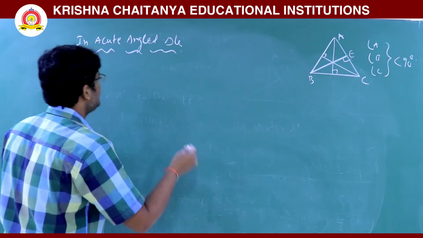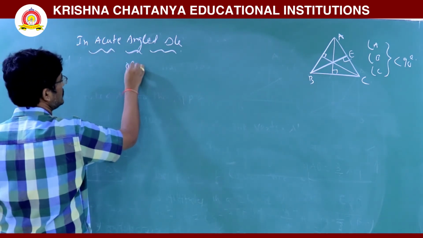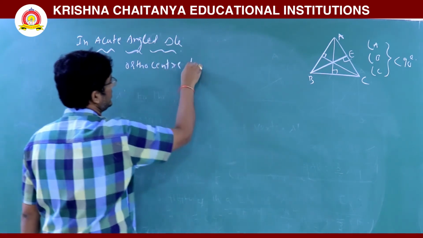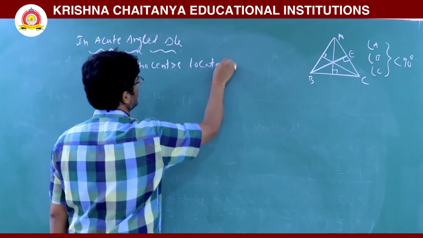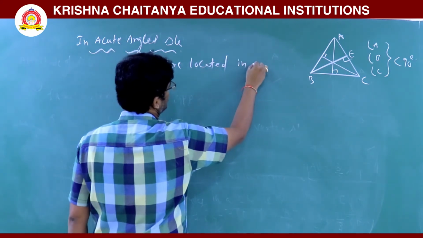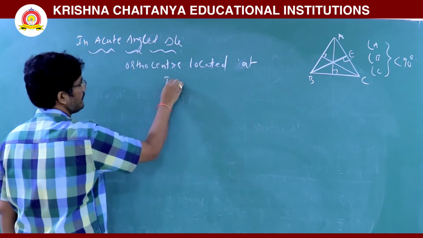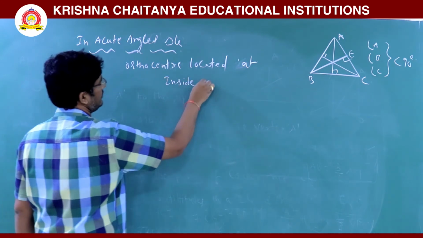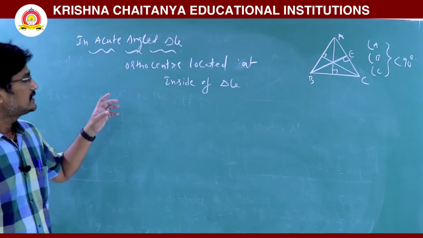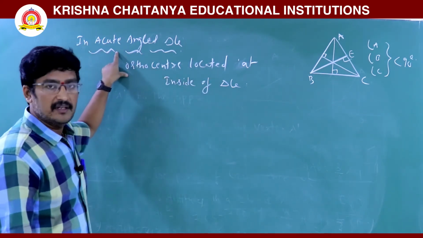So we have to say that in an acute angle triangle the orthocenter is located inside of the triangle. You have to remember this one.